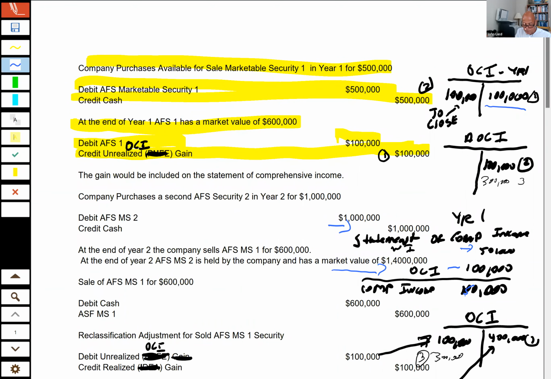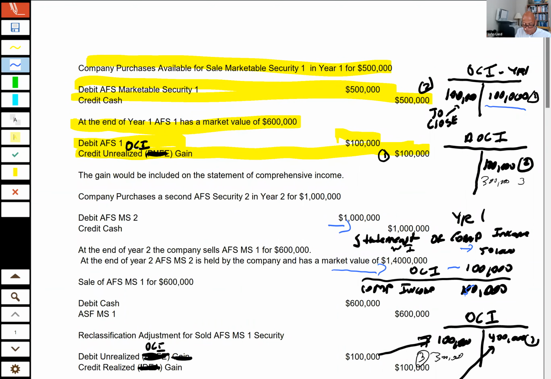Okay, the reclassification adjustments were made to avoid double counting in other comprehensive income. That's just FASB's way. I wish FASB would stop talking like that. They're such nerds, okay? But to avoid double counting other comprehensive income items that are displayed in net income for the current year. And it's like, what the hell does that mean, right?